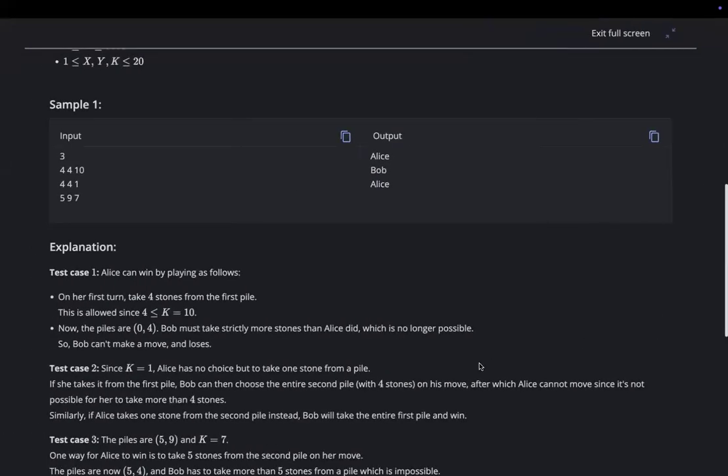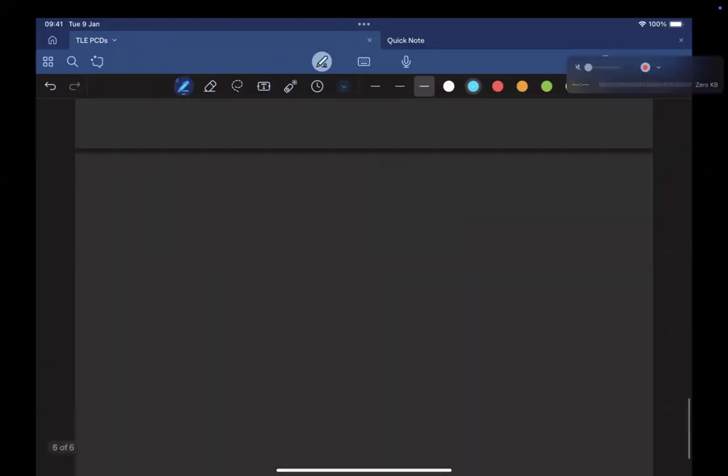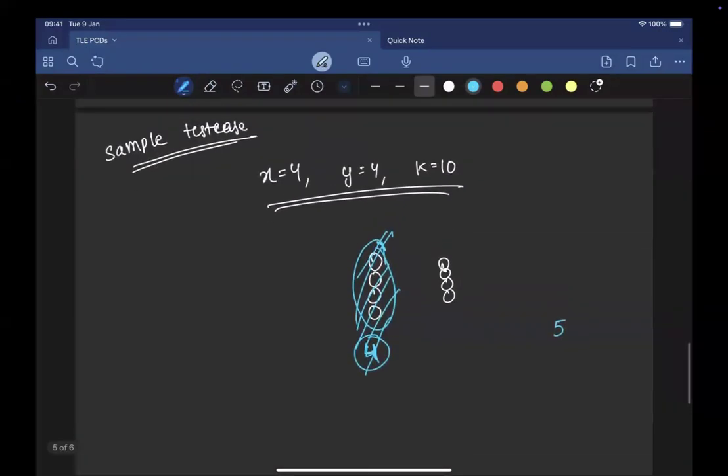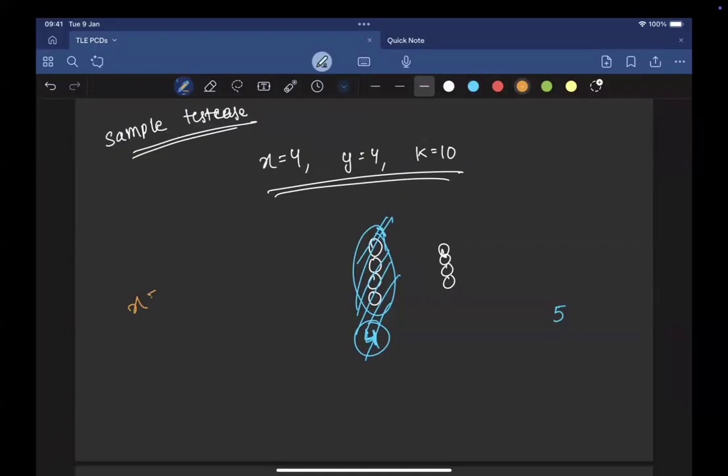Right. So from this sample test case, you should have got the idea that the least you should have been able to think of is this: in case x is equal to y and k is greater than or equal to x, you can just remove one of these piles completely and Bob would not be able to win. k should be at least x so that you are able to remove the complete pile.